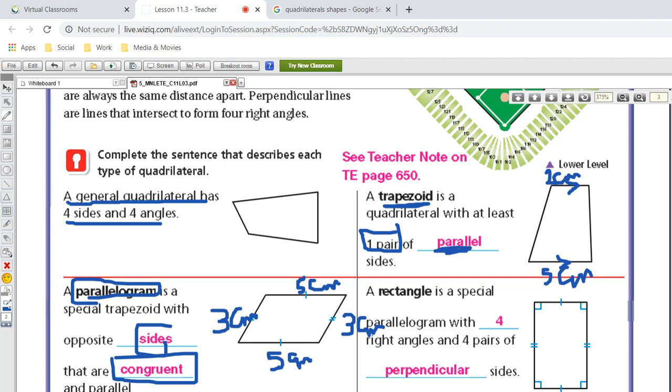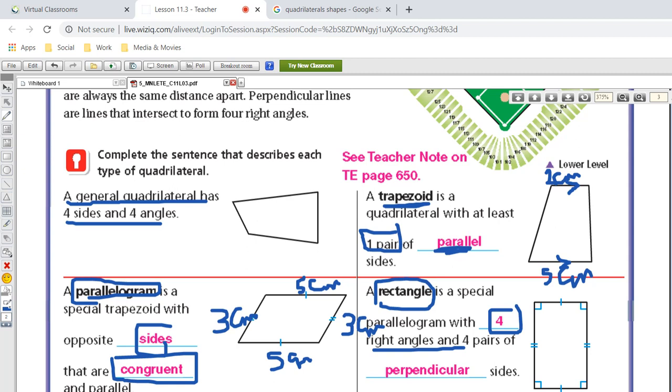Okay, this is about the parallelogram. What about the rectangle? Rectangle is a special parallelogram, because it has the same properties of a parallelogram, but we are going to add one more property, which is that we have 4 right angles.